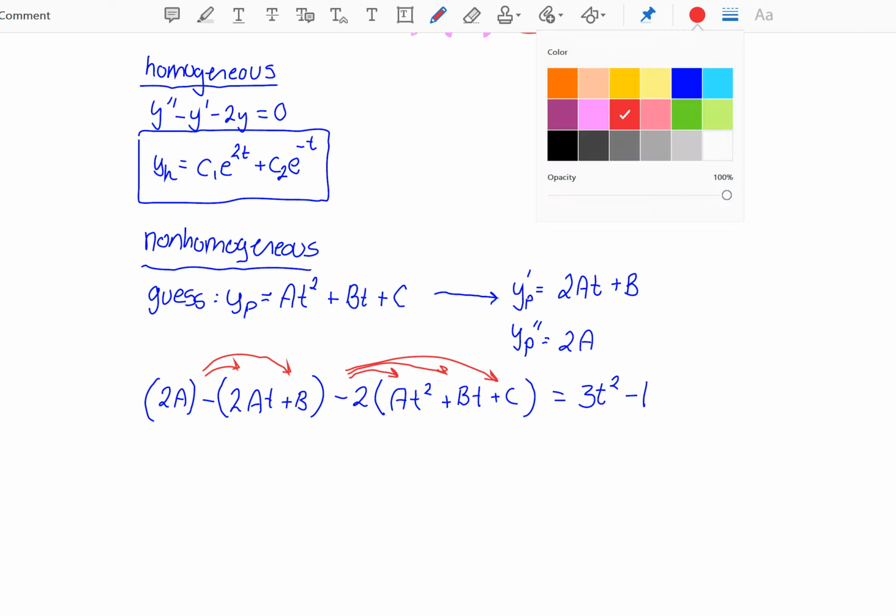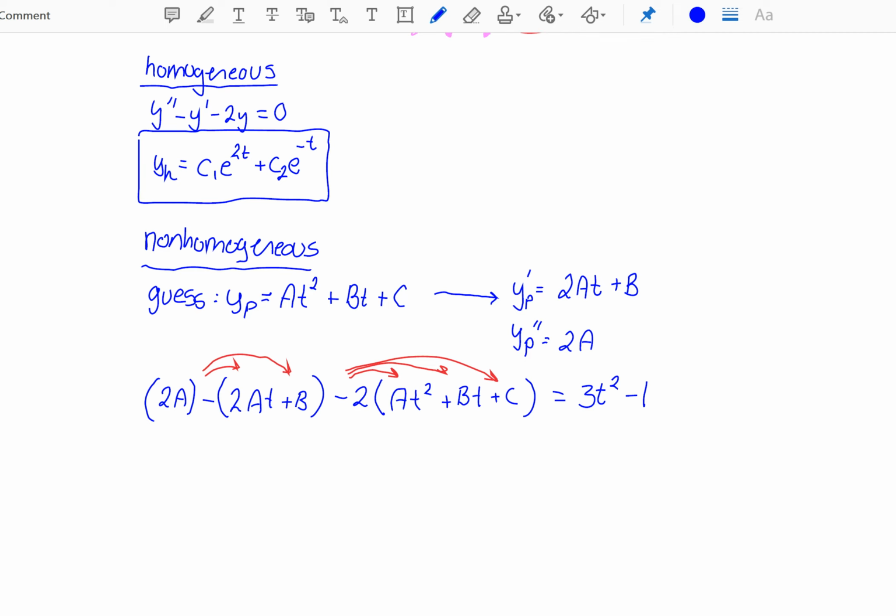Just focusing on the left-hand side, I think we can write this as 2a minus 2at minus b minus 2at squared minus 2bt minus 2c.